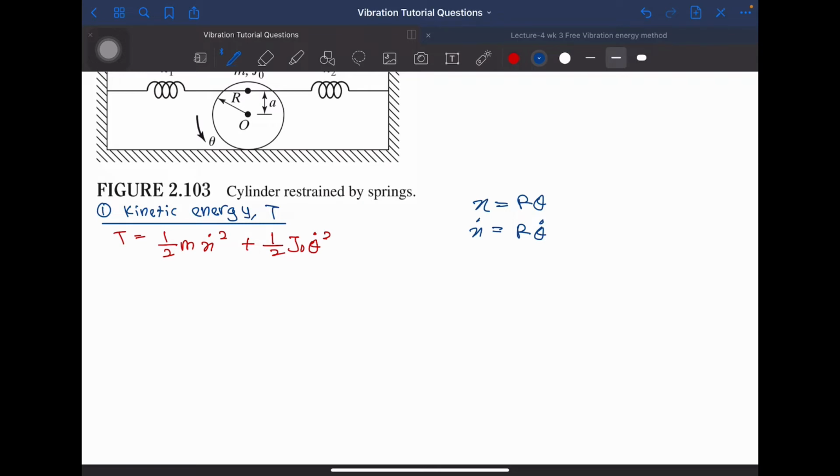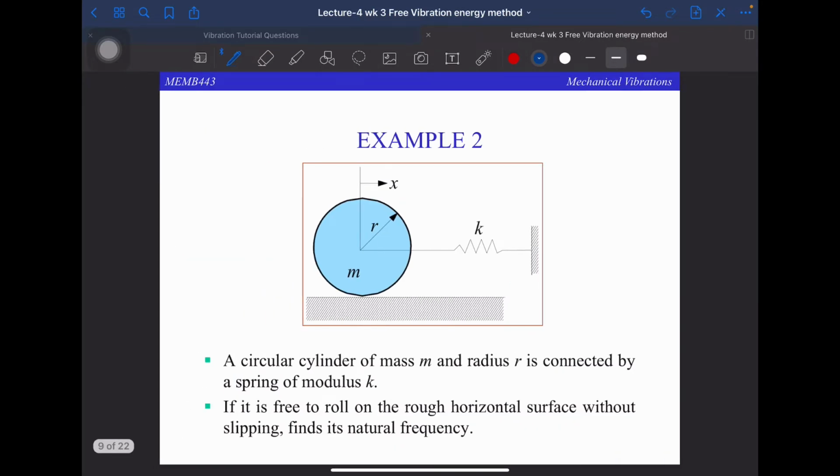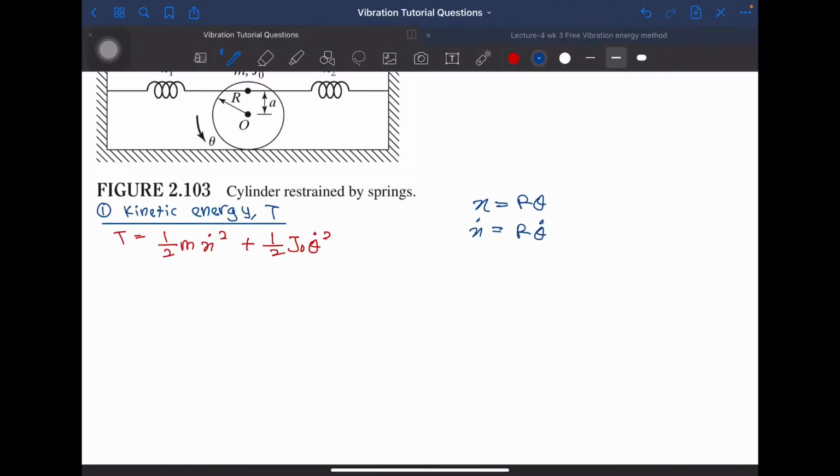If you follow the formula in the lecture 4 slide, for a circular cylinder mass, the formula for J is half m r squared. So you can substitute J to be half m r squared. Now I've taken out everything that I want to substitute, so just substitute everything inside here.